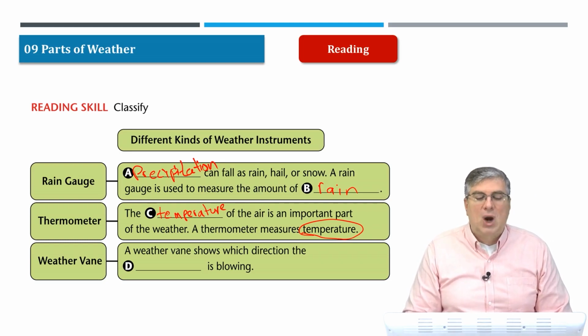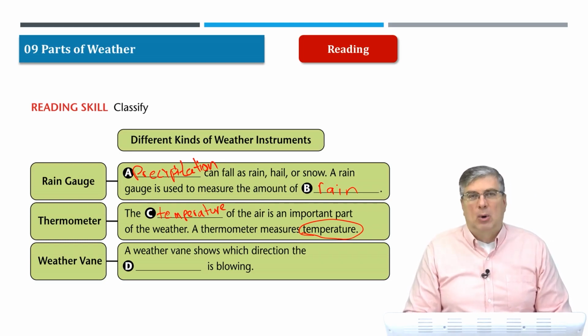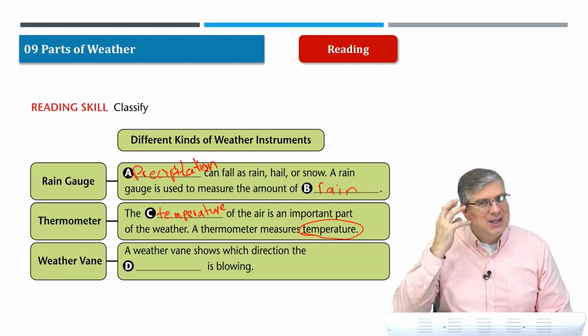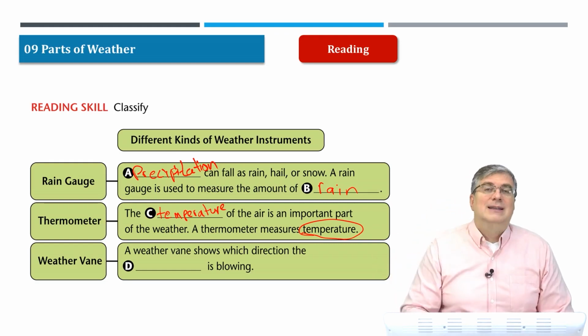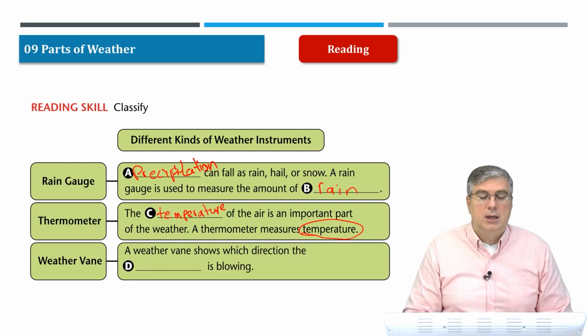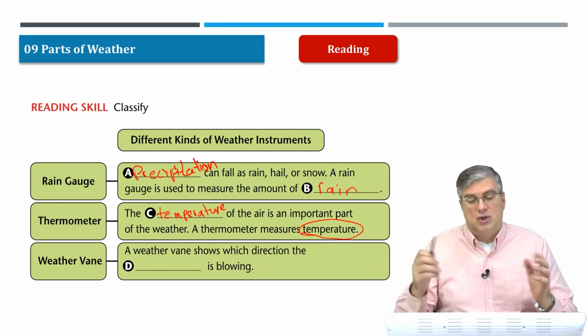But don't say it that way, say it naturally. Okay? Just for spelling, you can think about it that way. That's how you spell it. But when you say it, say it naturally. Okay, good. The temperature of the air is an important part of the weather. A thermometer measures temperature. Okay?